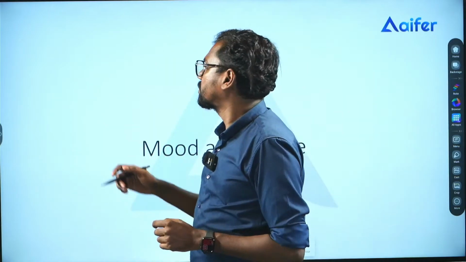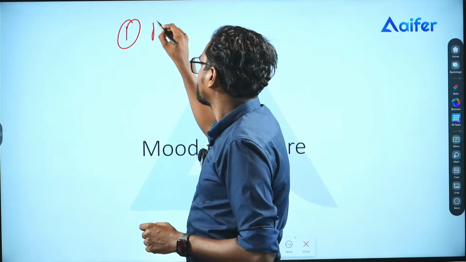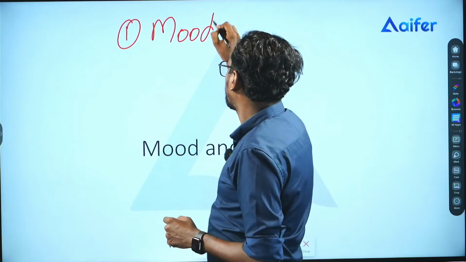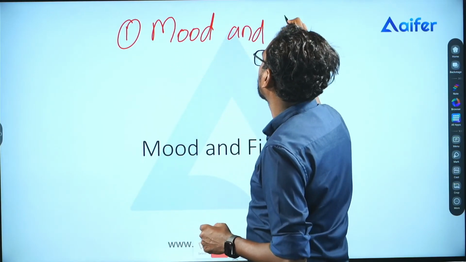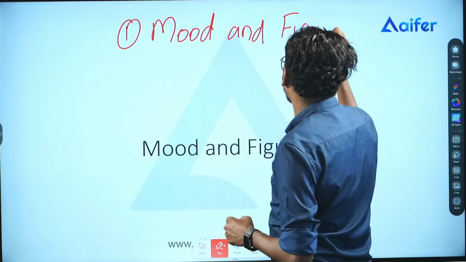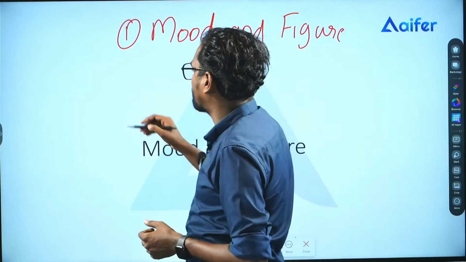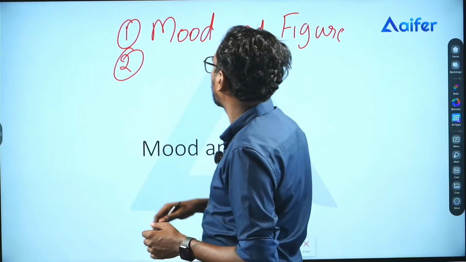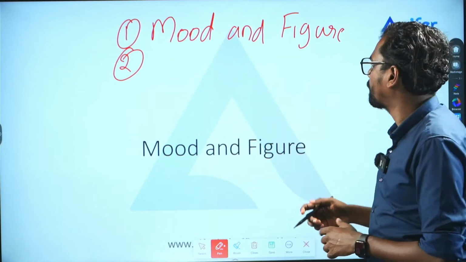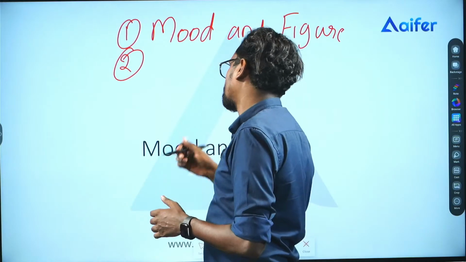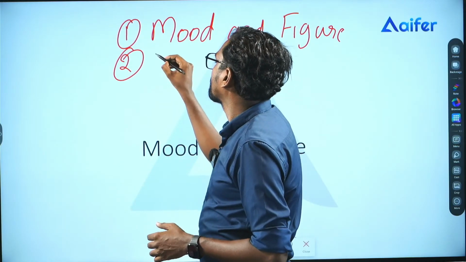The first method is mood and figure, and the second method is the Venn diagram method.